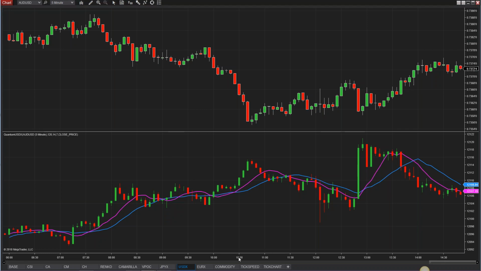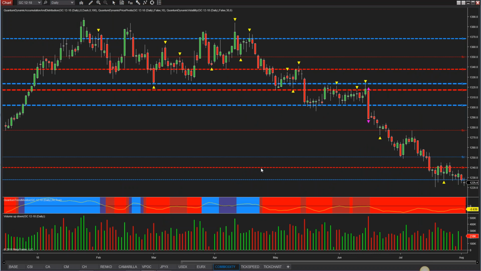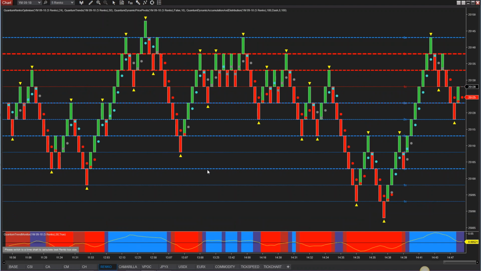If we just go over, I've also got, let's see, what have we got here? That was the daily chart for that. Let's go to the Renko. This is for, I've got the YM here. This is a new indicator we're just about to release. If you have the full Ninja indicator package from Quantum, then you will actually get this as a free add-on to your full package.